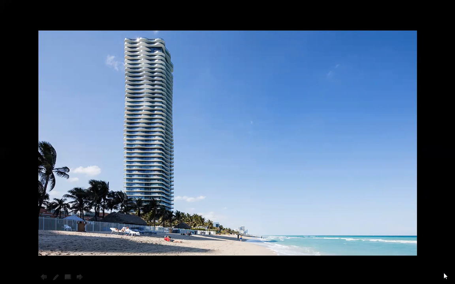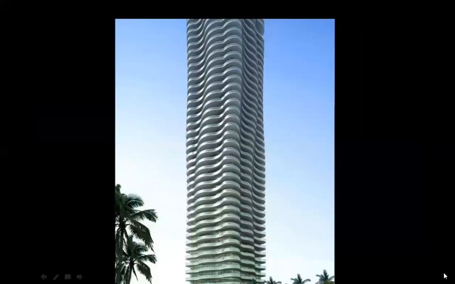In fact, I somehow feel that this building is derived from what she did in Chicago, the Aqua Tower, Jeanne Gang or Studio Gang. But she is more radical than Arquitectonica here.